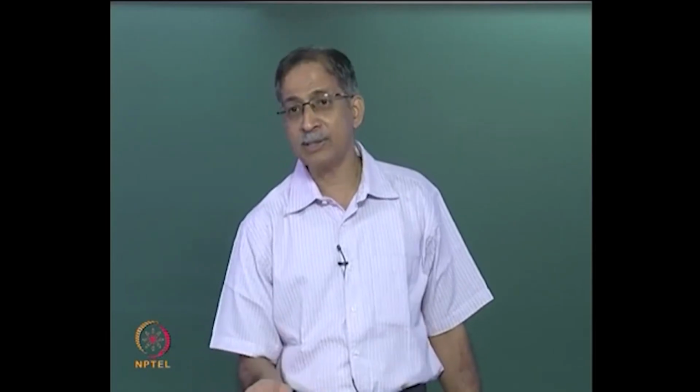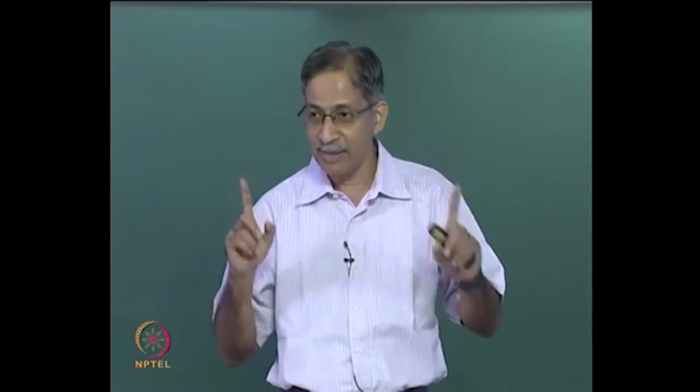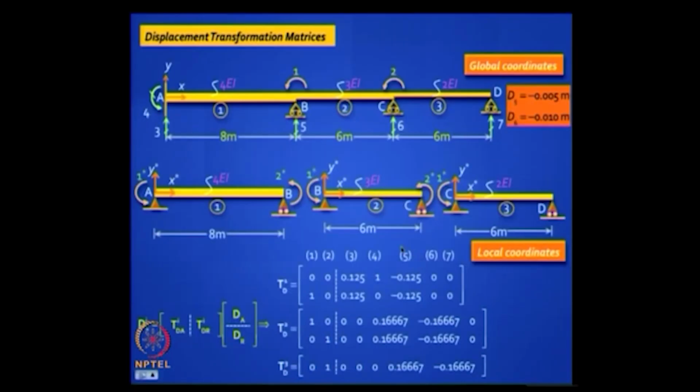If you have a clockwise chord rotation you end up with equivalent anti-clockwise positive end rotations, and that's why you write plus 0.125 plus 0.125 for the first element and you write 0 0 0 for the other element, and so on and so forth. So I am sure you can derive for all the others.